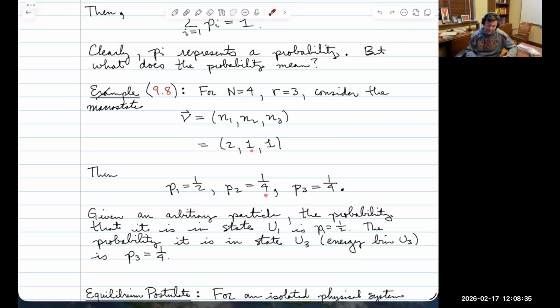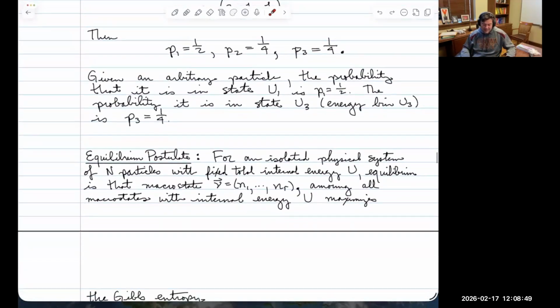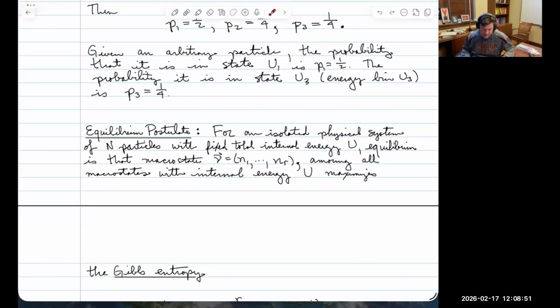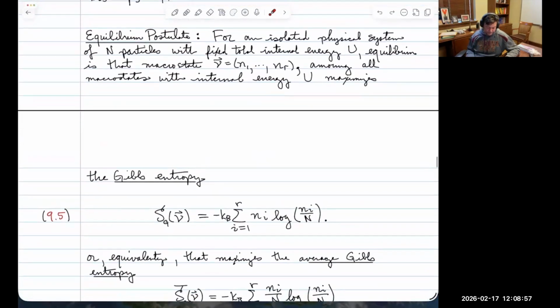Well, a quarter, and energy level 3 is probability of a quarter. So this does represent a particular probability function for us. The question is, is it all that useful? Well, we're going to come back to that later. Its utility is kind of interesting. We'll come back to that when we talk about the ideal gas law.